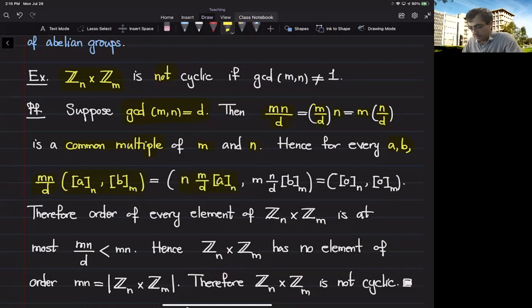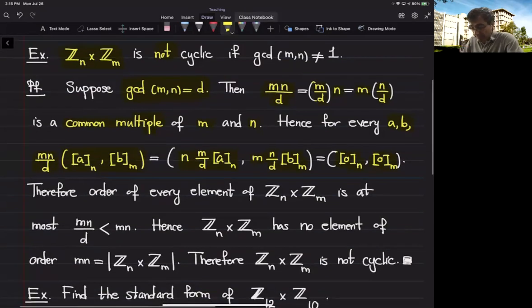Similarly, I think about mn over d as an integer multiple of m, and because m times a residue class mod m is 0, we deduce that the second component is also 0. So we end up getting the pair of zeros as we multiply this pair by mn over d. And that means that the order of this element should divide mn over d.